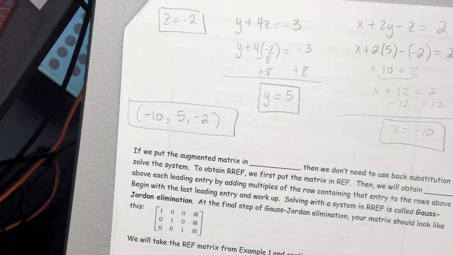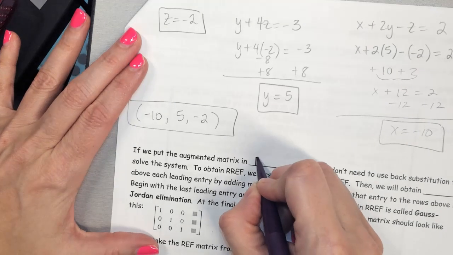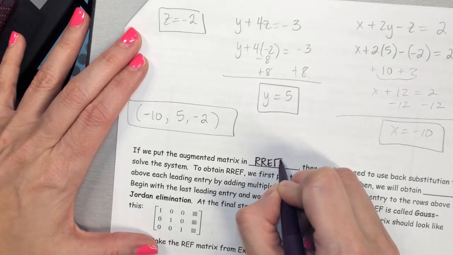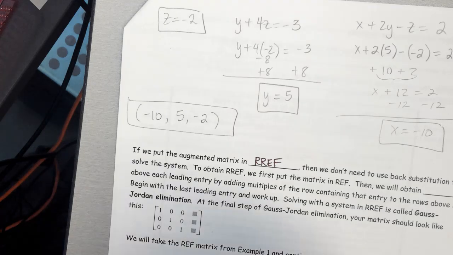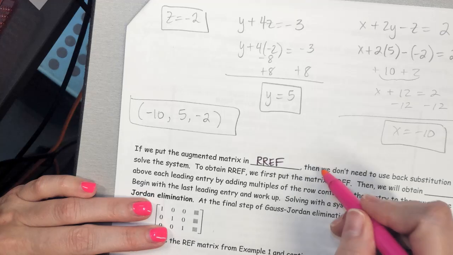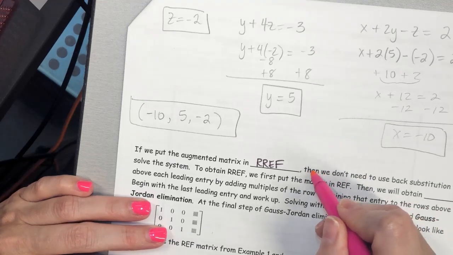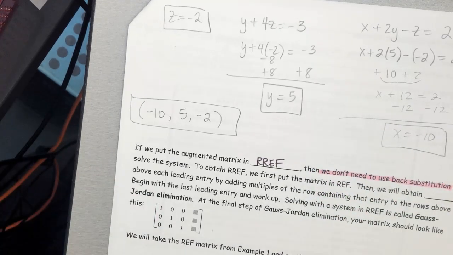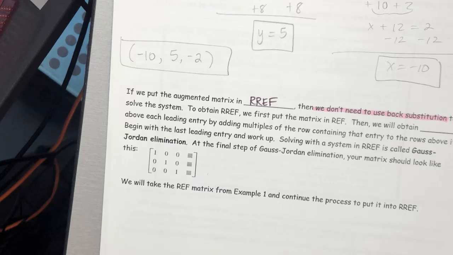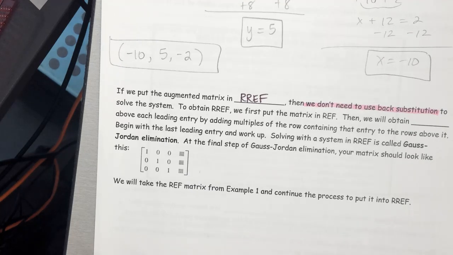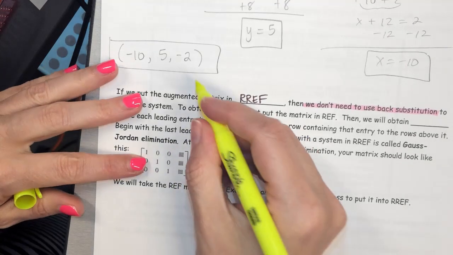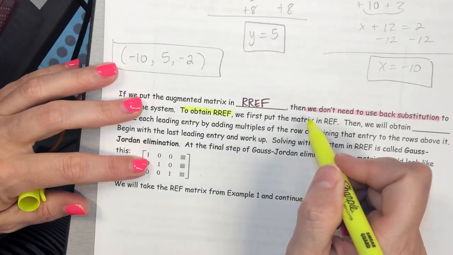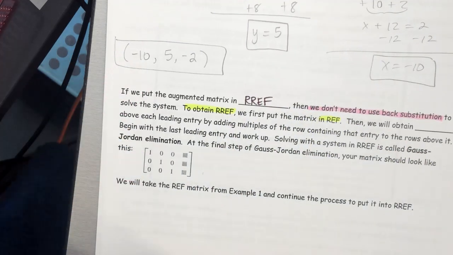It's row echelon form. Now the cool thing about reduced row echelon form is we don't need to use back substitution. So if we put it in RREF, then we don't need to use back substitution to solve. Okay, and in order to do this, we are going to first put the matrix in REF.